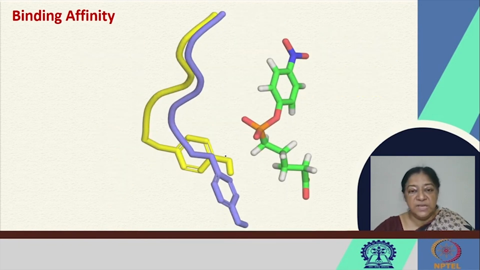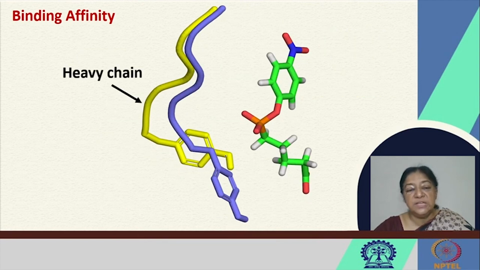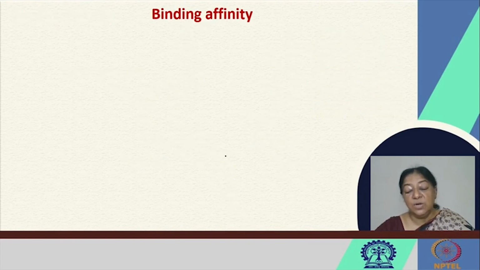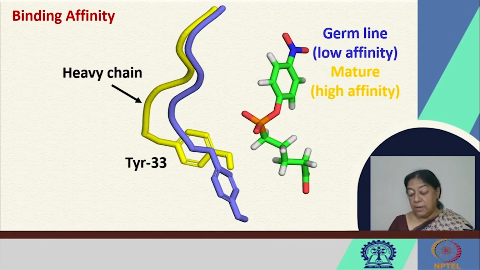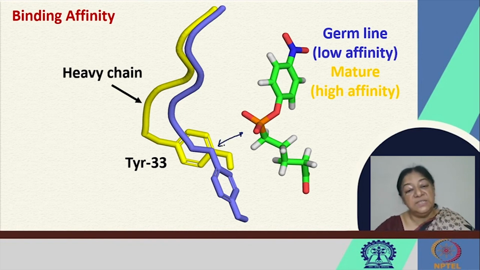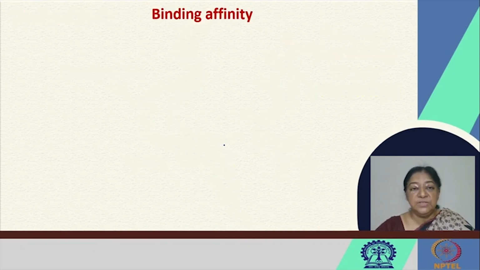So that is going to be a specific heavy chain that is again going to interact with its specific partner in a high affinity set.